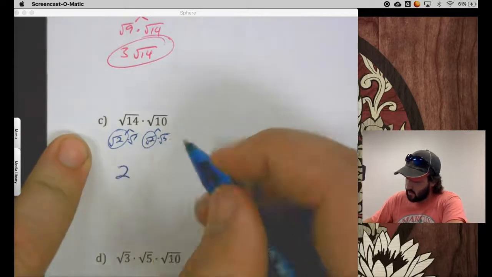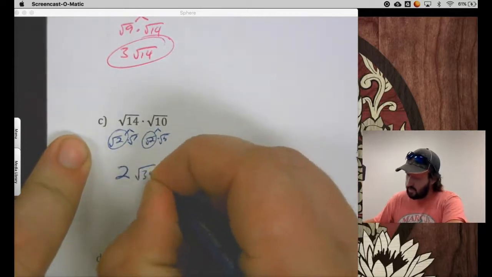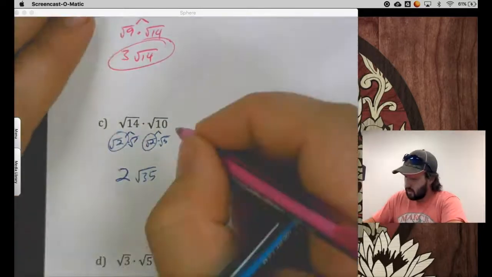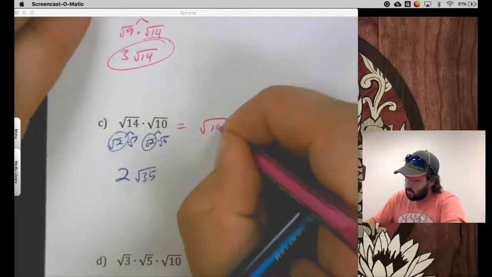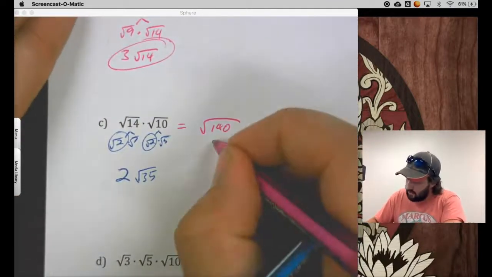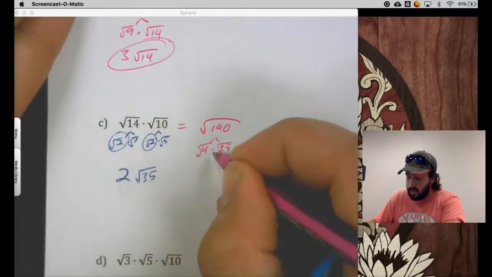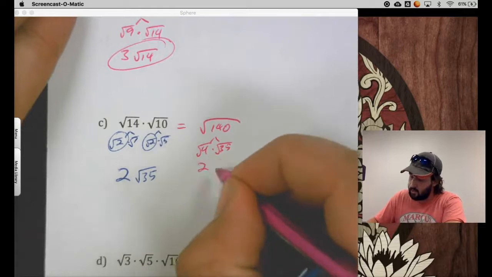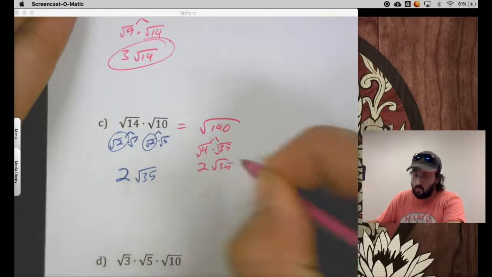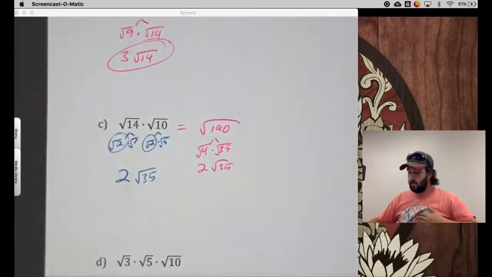And then I'll have 7 times 5, which is root 35. If you didn't see this right away, you could also do the square root of 140, but 140 is 4 times 35. The biggest square we can take out is 4, so that will reduce to 2 root 35 as well. All right, moving on.